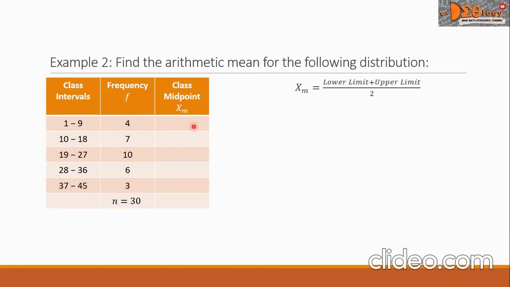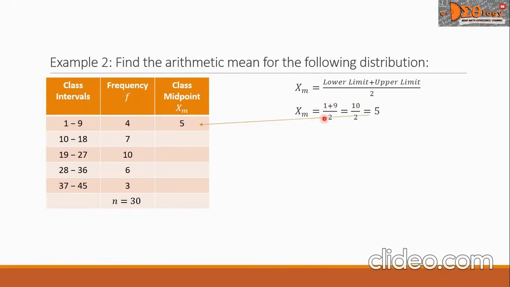So for our first blank here, we will use this one, the lower limit, plus the 9, that is the upper limit, then divided by 2. Simplifying further, 1 plus 9 is 10, divide by 2, and this is equal to 5. This number 5 we will put on the blank here.